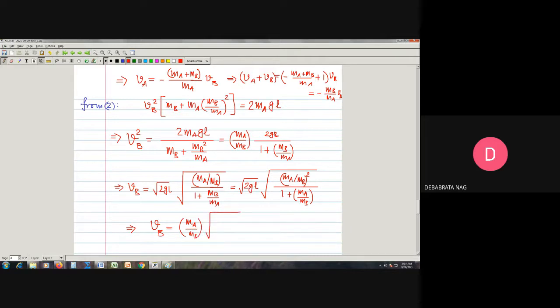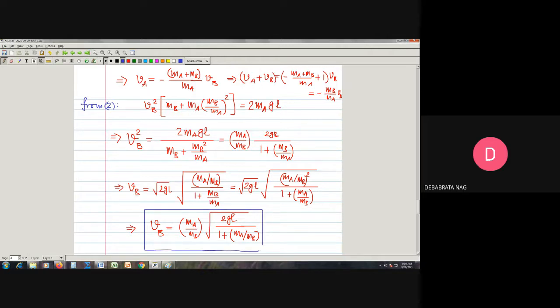Now this becomes under root of 2GL divided by 1 plus MA by MB. So we see therefore that the velocity of this carriage is ultimately expressed as the ratio of these two masses, and it is seen like this.